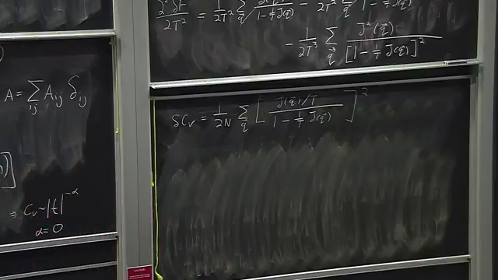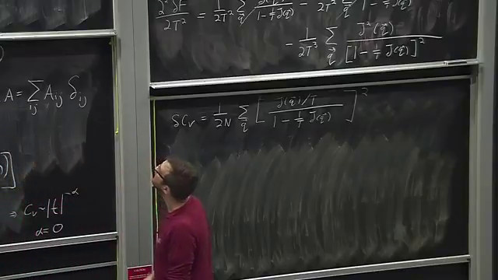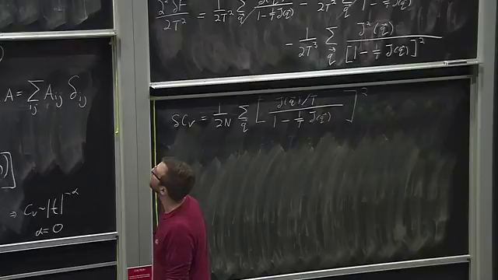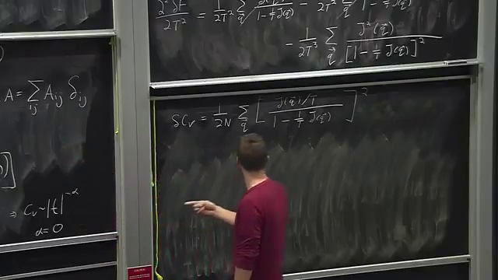We've thrown away this non-singular piece. We're looking above the transition temperature. Okay, so that eliminates the phi bar. We've written this in terms of J of Q.